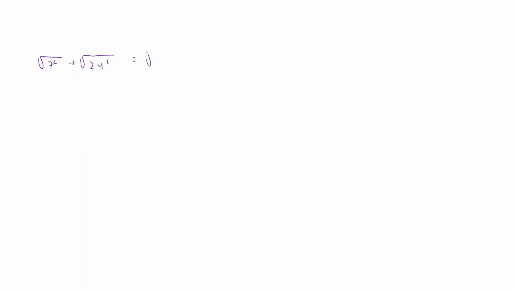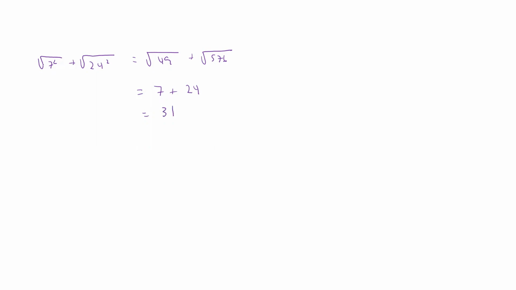Well, that's going to be the square root of 49 plus the square root of 576, I believe, if we go back up to our table. Yes, 576. And so now we have this square root of this and a square root of that. Well, we can look in our table and the square root of 49 was 7. The square root of this is 24. And so that's equal to 31.